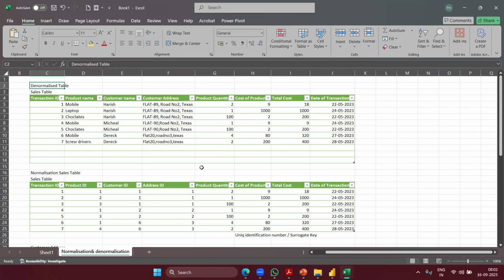The benefit of this one is, when you go to the shop and say, hey, this is my transaction ID, then what the IT systems do on the back end is refer to this sales table, quickly search it and get all the information in fractions of milliseconds, because everything is sitting in one table.